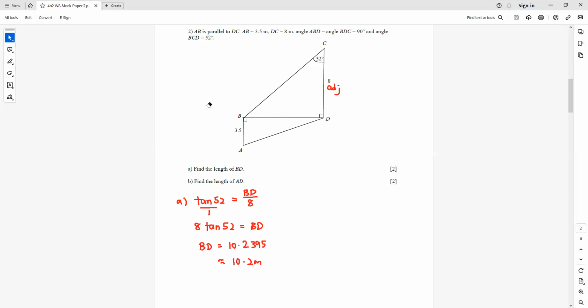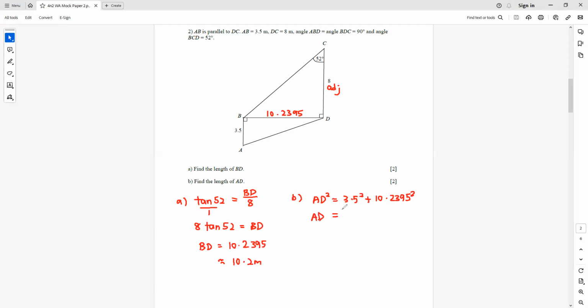So I have already found that this length is actually 10.2395. I got a right angle, so to find AD, I can just apply Pythagoras theorem. Okay, so AD squared, the hypotenuse, is equal to 3.5 squared plus 10.2395 squared.